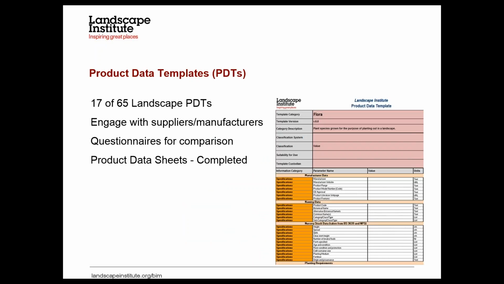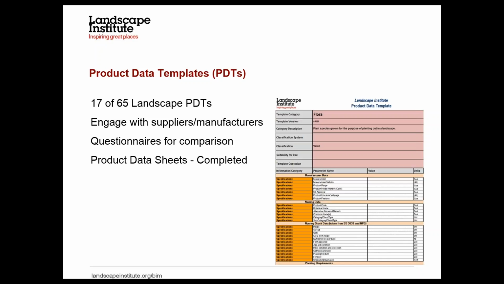And the best example I can give you is when you go onto a Currys website, if you're looking for a TV, you can compare one against another. If you've got the same categories, you can compare whether one has got it or hasn't got it, or has got this type of connection compared to this type of connection. You can make a valued decision on which product suits the needs of the project.